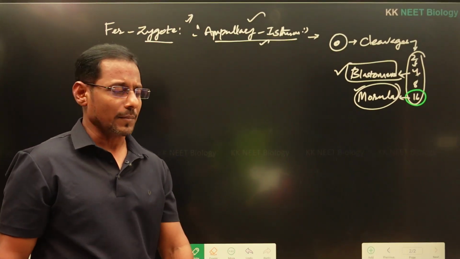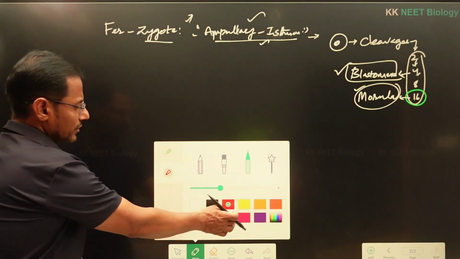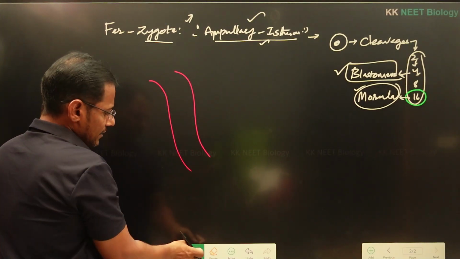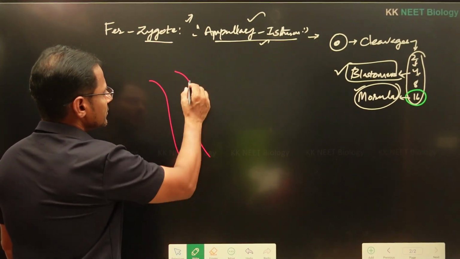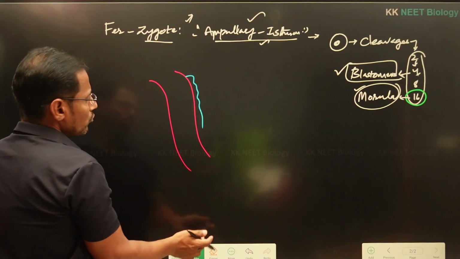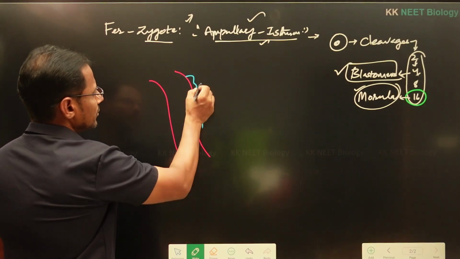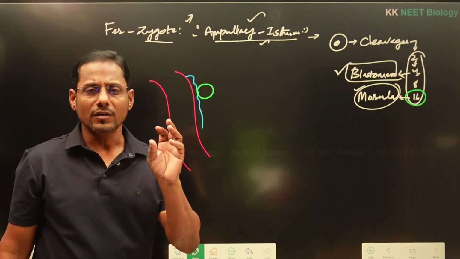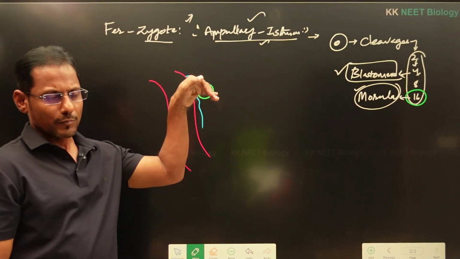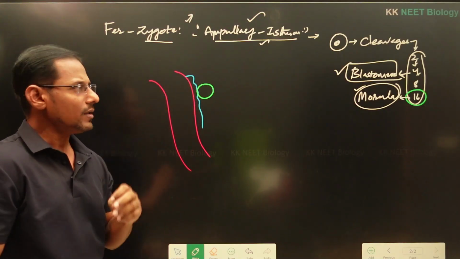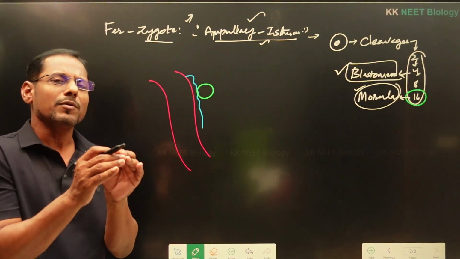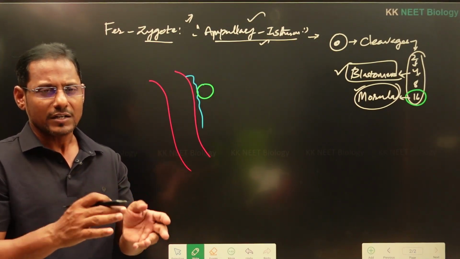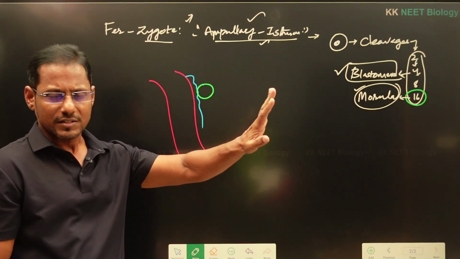After the morula stage, what happens? See, this is the uterus I am drawing here, and this is the uterine wall and the endometrium. Now the morula has come here, traveling through the fallopian tube and reaching the uterine wall. At the same time the number of cells increases more than 16.